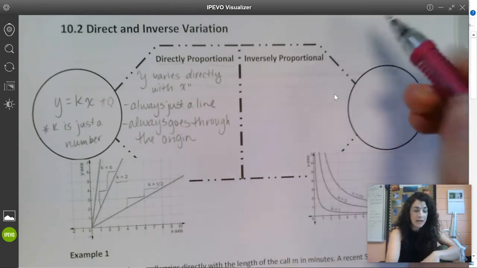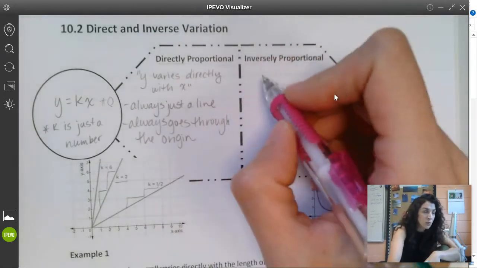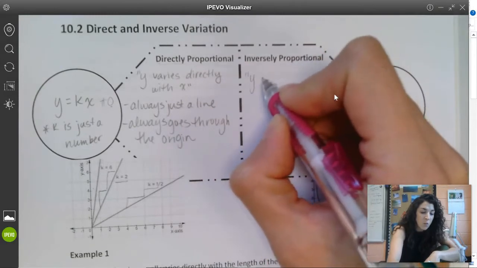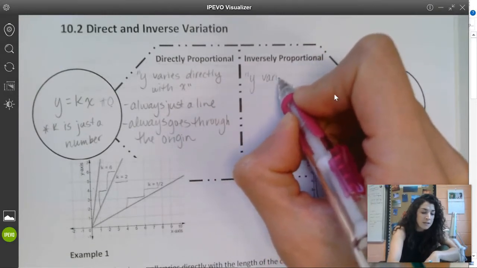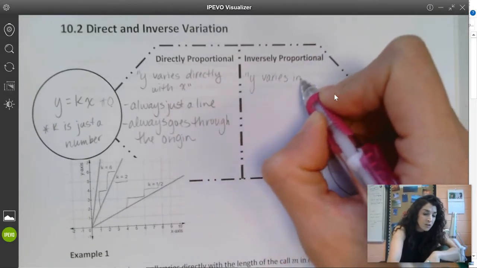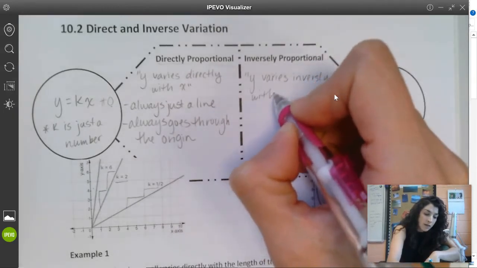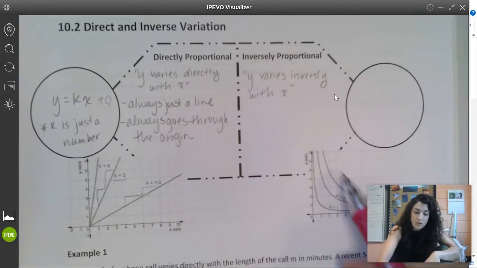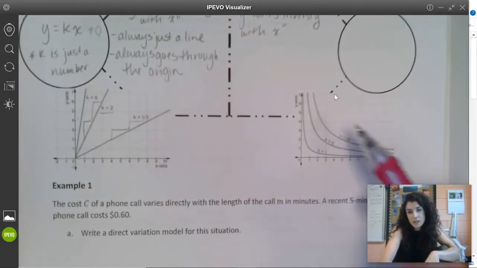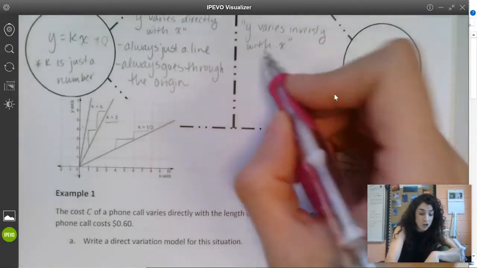The other type that we have is inversely proportional. And so here we have the phrase y varies inversely with x. And it looks something like this, which is a rational function.